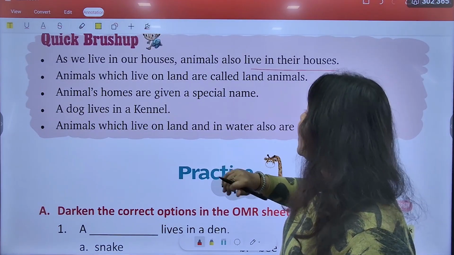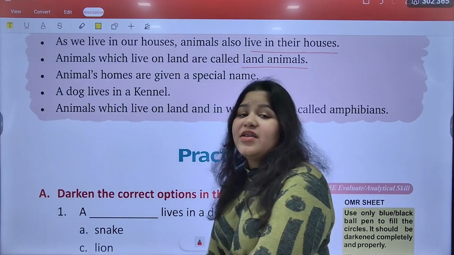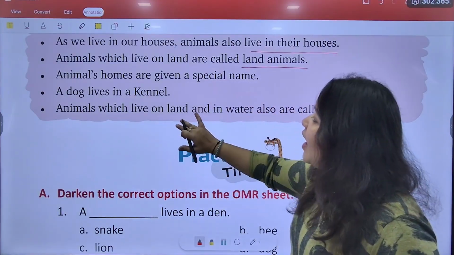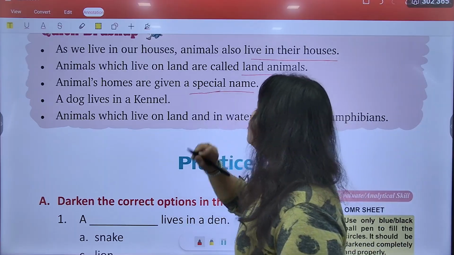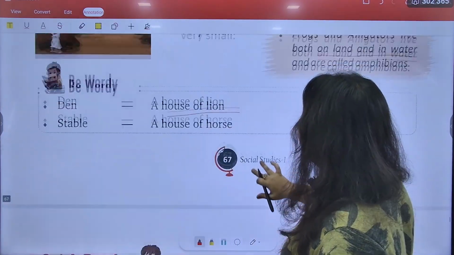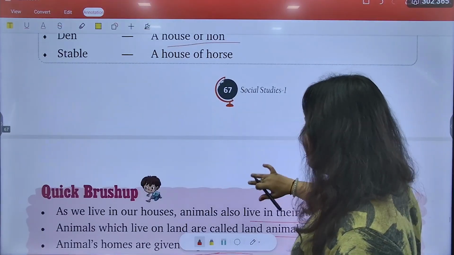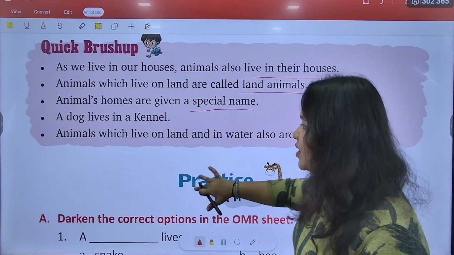Animals which live on land are called land animals. Animals' homes are given special names. A dog lives in a kennel, a lion lives in a den, a horse lives in a stable.